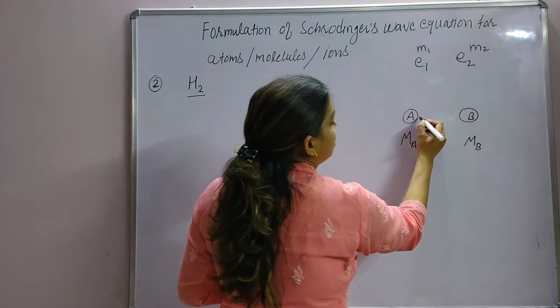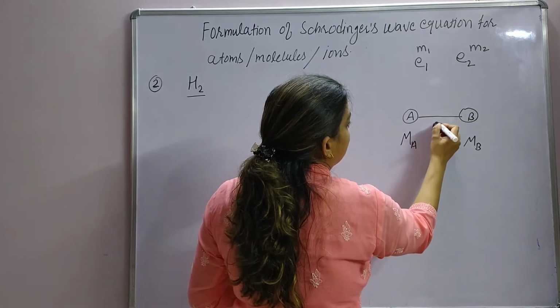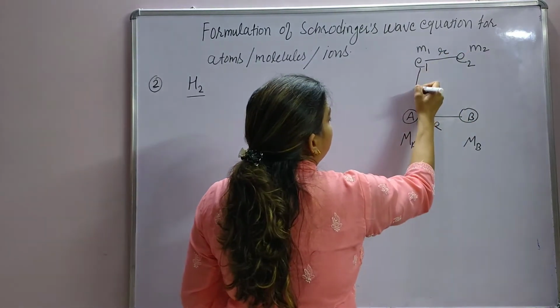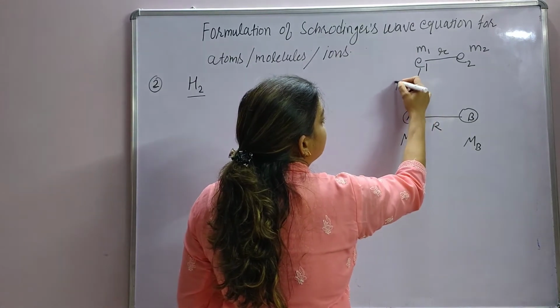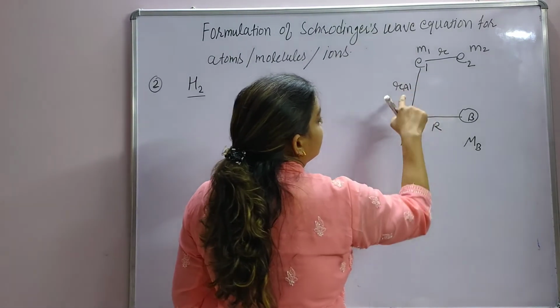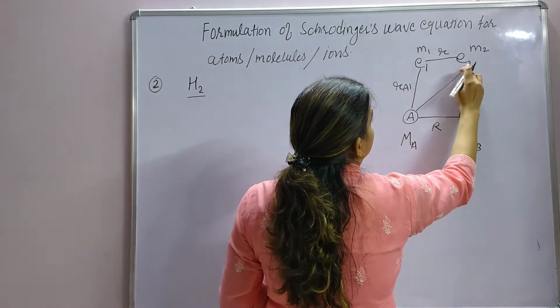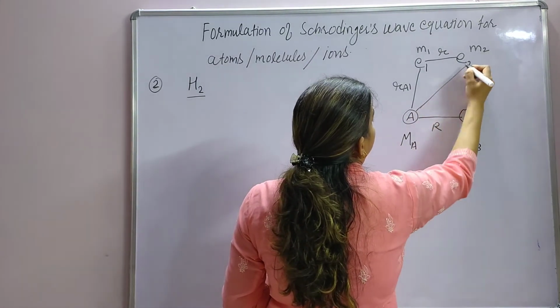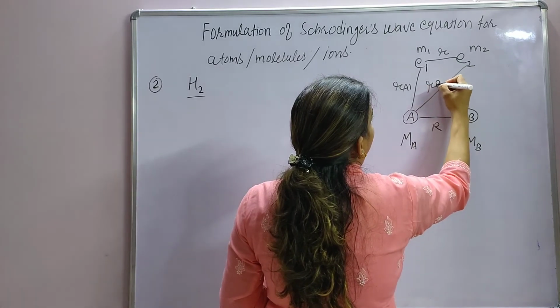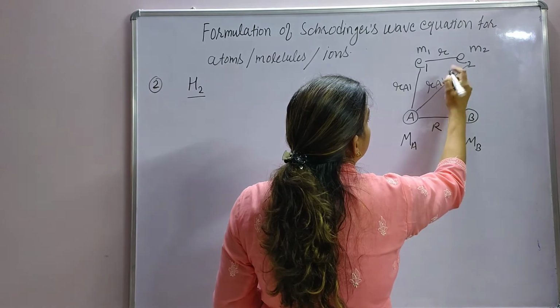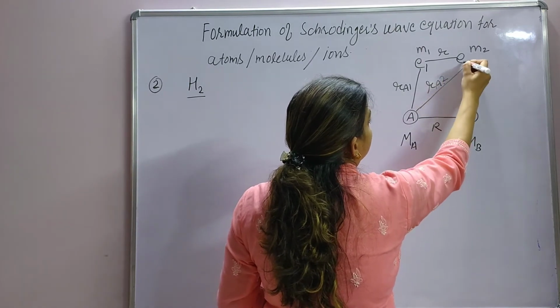The distance between two nuclei is capital R, between two electrons is small r, between this is, let's say RA1, A nucleus from first electron. This distance is, let's say RA2, A nucleus from second electron.